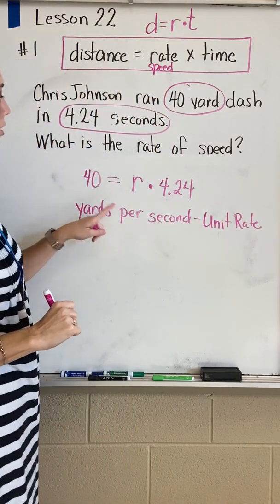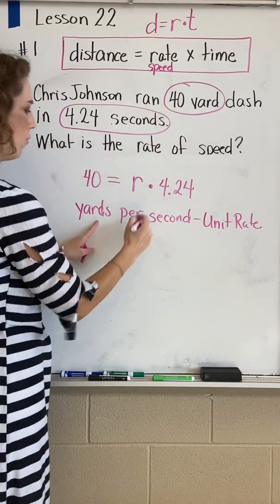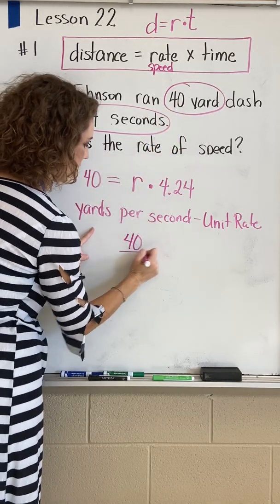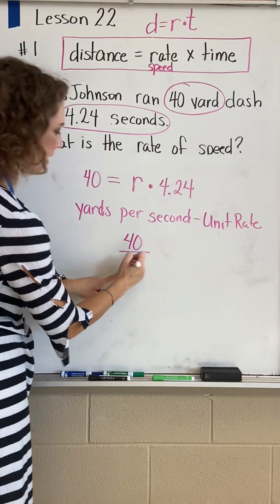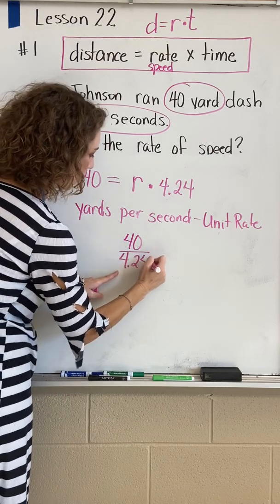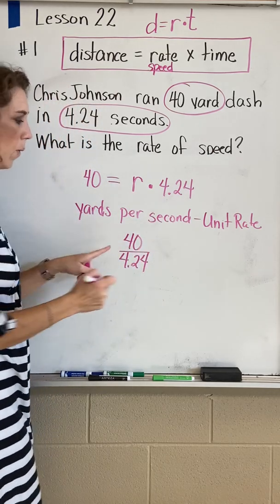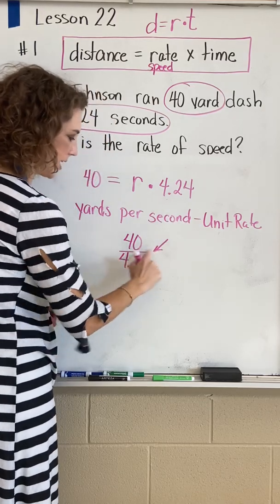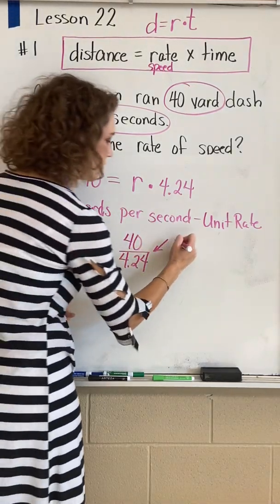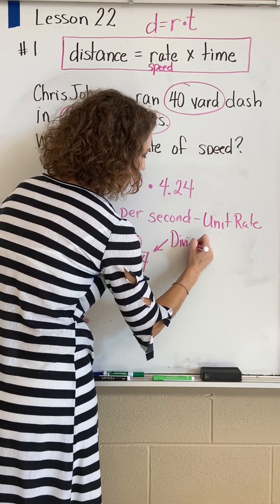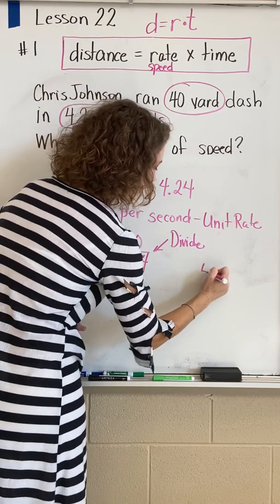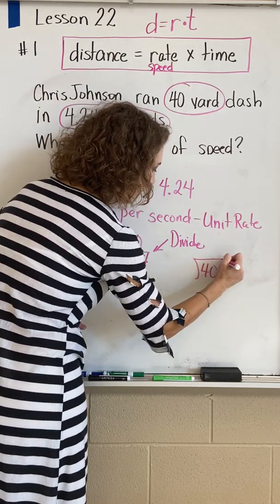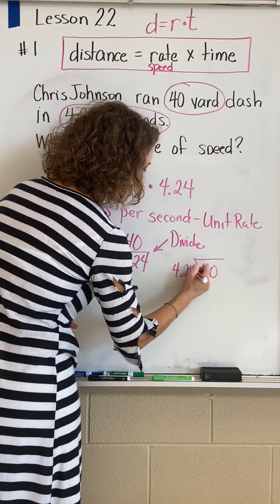So if we did yards per second, how many yards did he run? 40. We're going to make a ratio out of it. How many seconds did he run? 4.24 seconds. What kind of math problem is this? What's that fraction bar mean? It means to divide. So this is going to be 40 divided by 4.24.